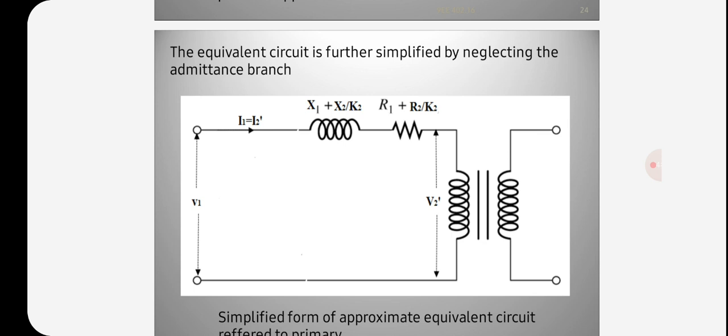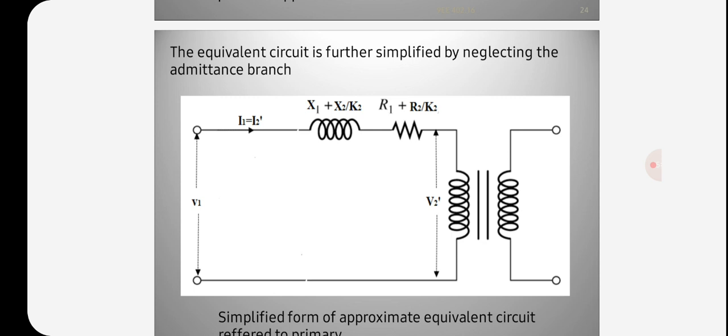as the percentage of no load secondary voltage. That is, percentage of voltage regulation is equal to no load secondary terminal voltage minus full load secondary terminal voltage by no load secondary terminal voltage.